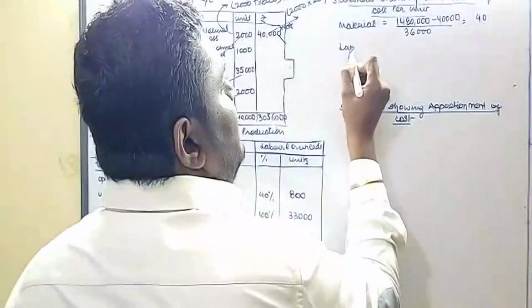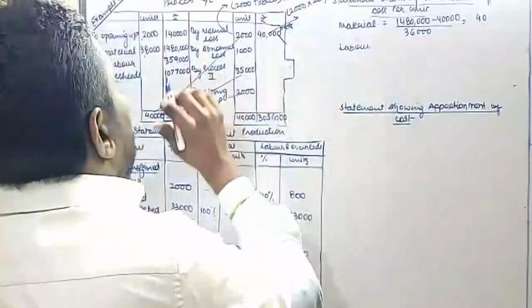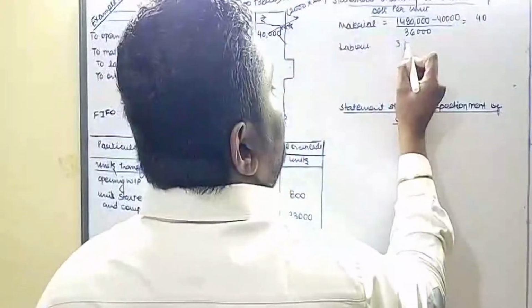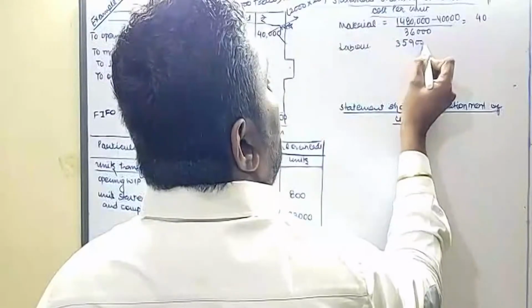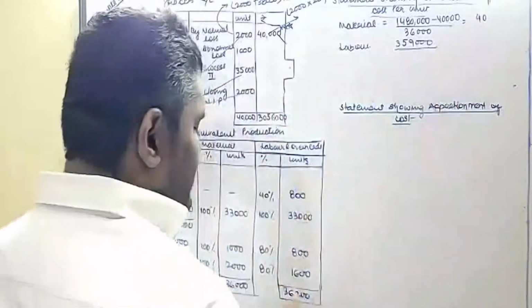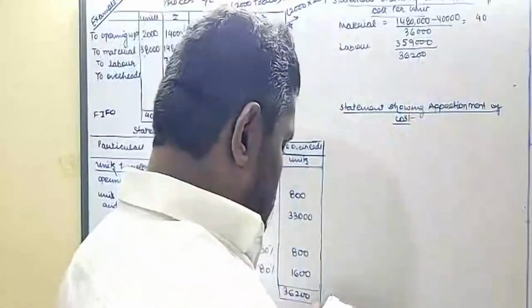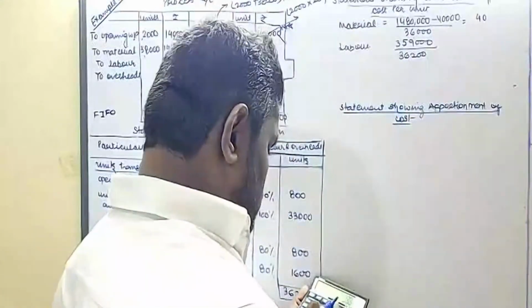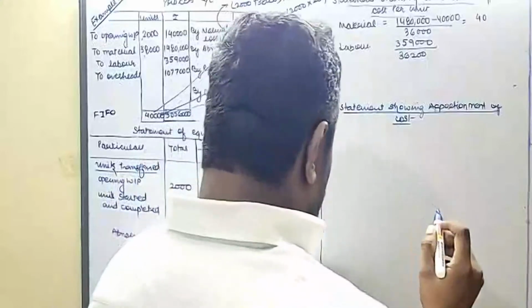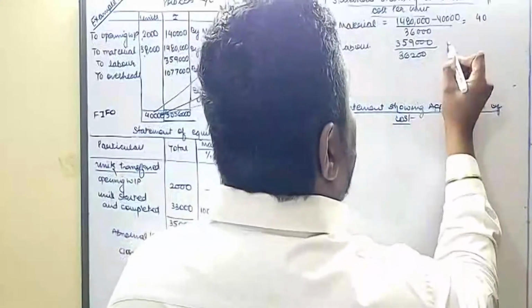When talking about labor cost, the cost incurred is 3,59,000, and the equivalent number of units are 36,200. So this will be 9.917.